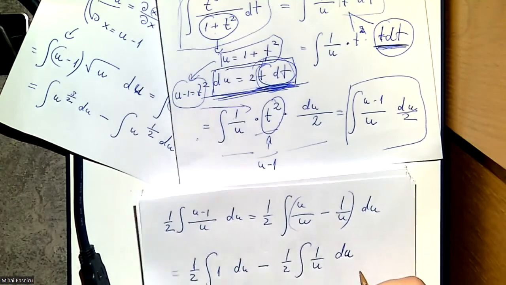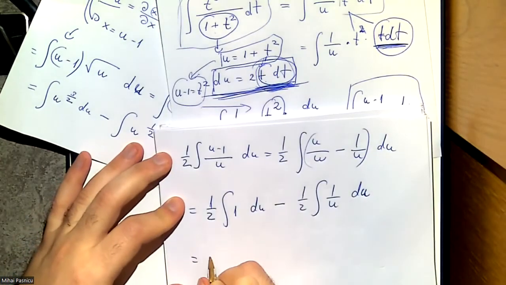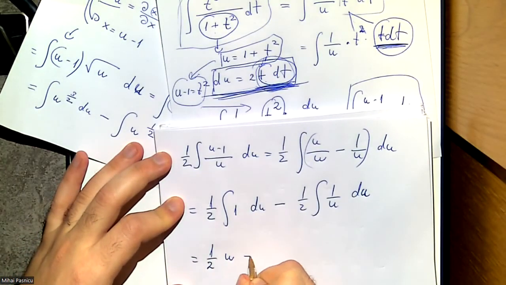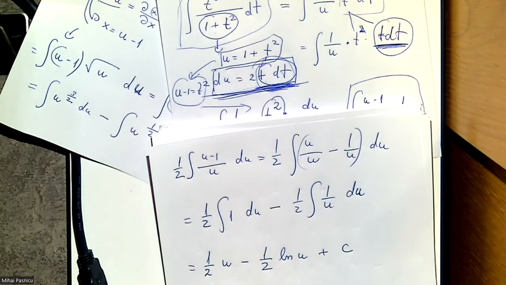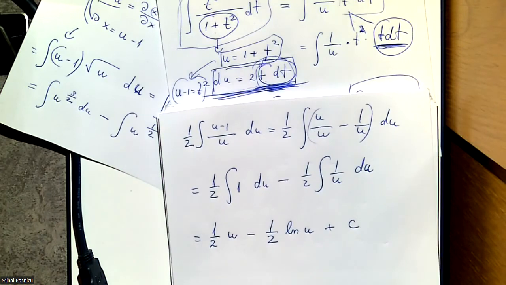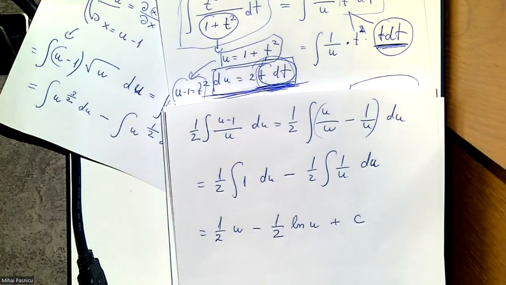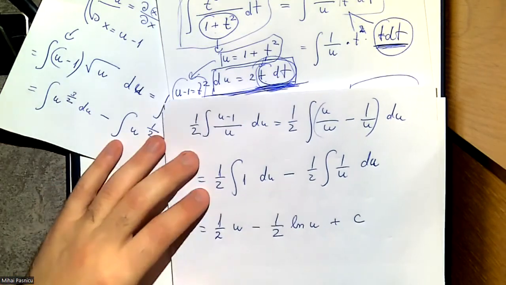Okay. Now I can just write this is just 1/2 u minus 1/2 log of u plus a constant. Done. Okay, and partially done. I need to plug in the values. Okay, don't forget about this.